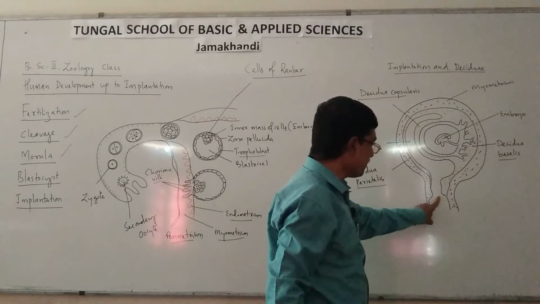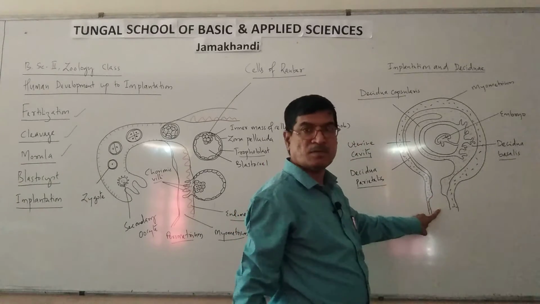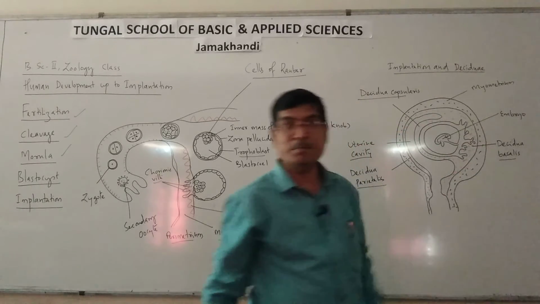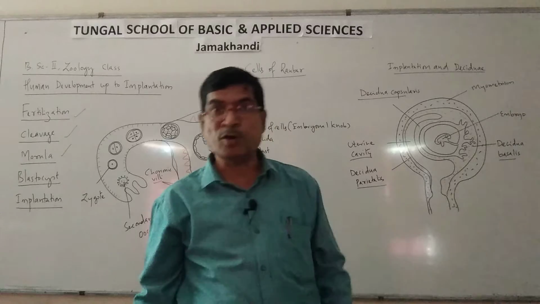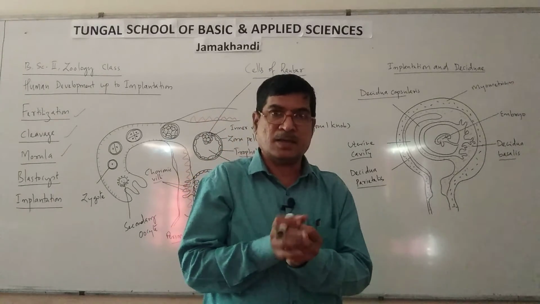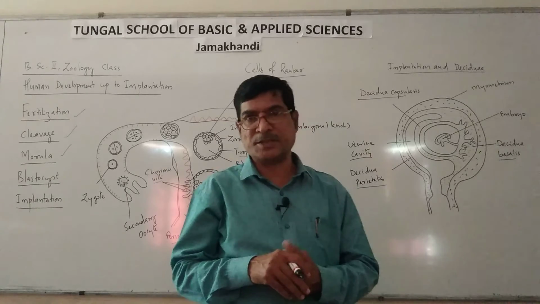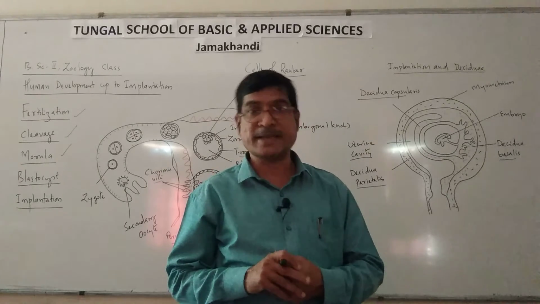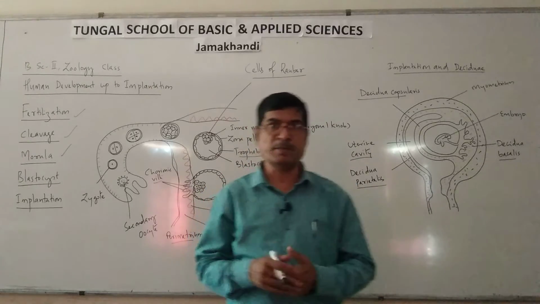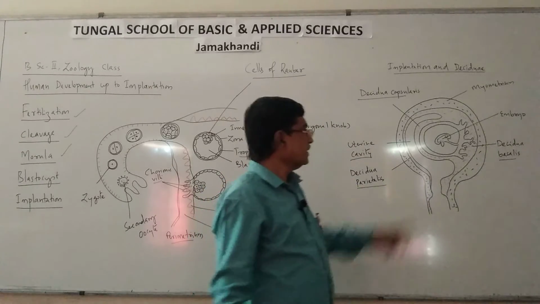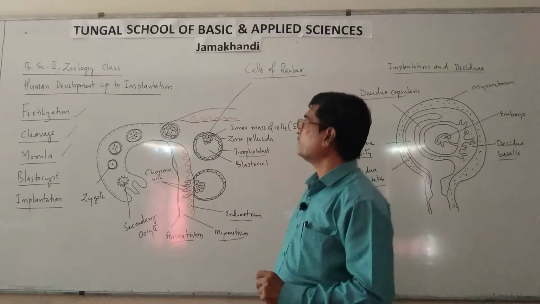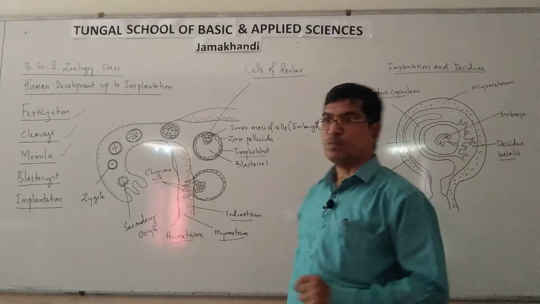This is the cervix, and the vagina. The embryo is completely implanted, embedded into the endometrium. The complete process of implantation takes around 3 days in human embryonic development. So this is about the implantation of the human embryo.